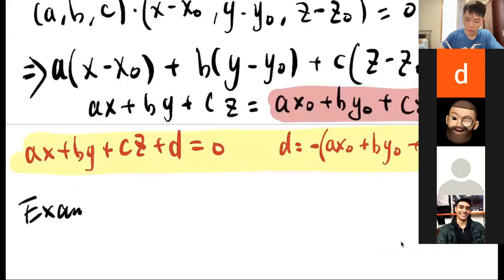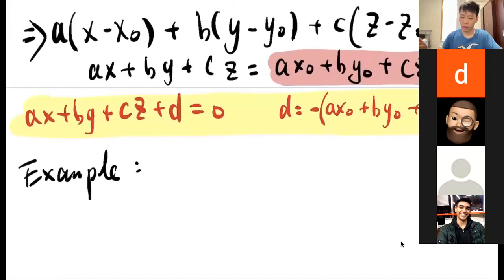All right. So for example, when you have a normal vector. Hold on, Professor. Before you continue, the highlighted part, explain that again. How did you get ax plus by plus cz plus d equals 0? The highlighted part in the yellow and red.